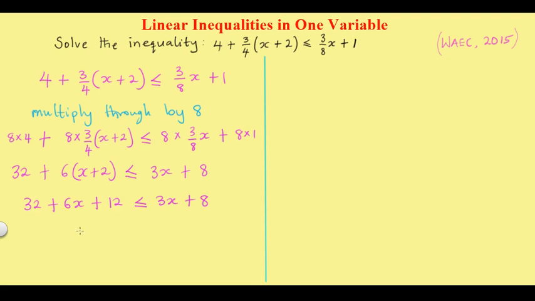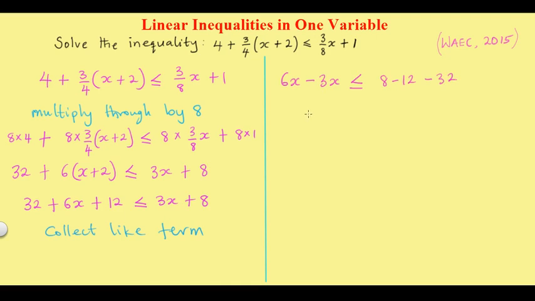The next thing for us is to collect like terms. Those with x, let them come to the left hand side, while those without x, let them go to the right hand side. This becomes 6x minus 3x less than or equals to 8 minus 12 minus 32.